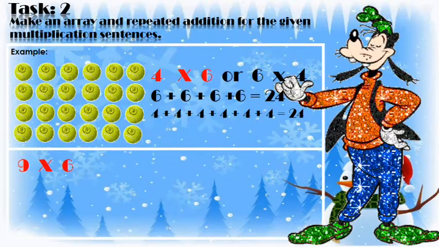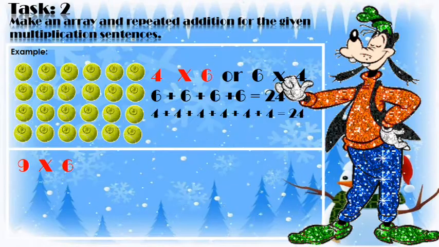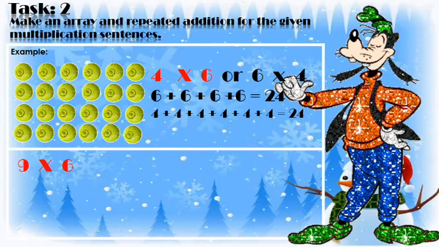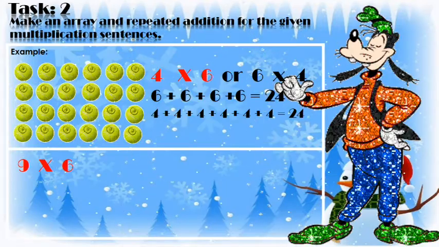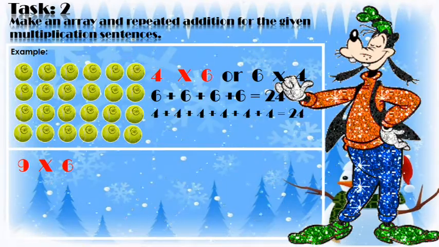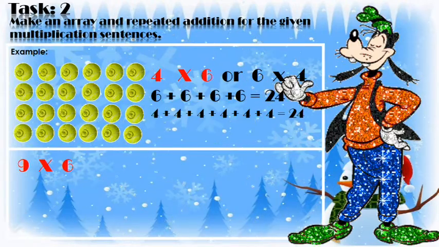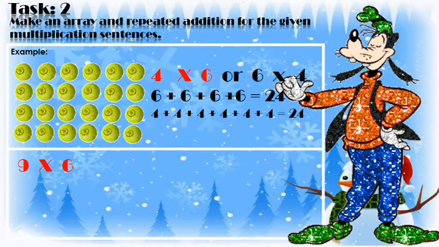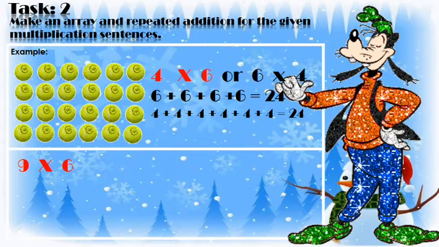Here is task 2, where you have to make an array and repeated addition for the given multiplication sentences. Example: 4 times 6, which means you need to draw 6 objects in 4 rows, or 6 columns, in each column 4 objects.